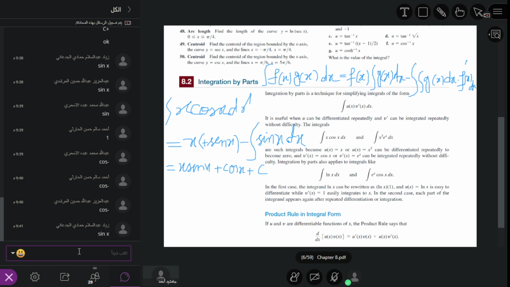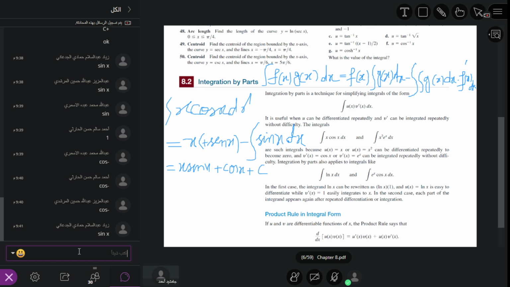It means the answer which we got before we will put here, dot derivative of the first function. What is derivative of x? It is equal to 1. Thus we get x sine x minus into minus cosine x plus constant.